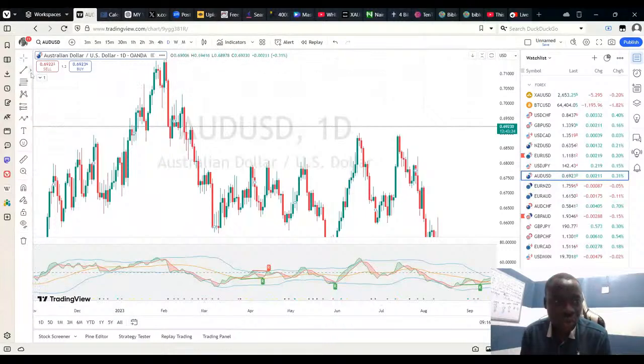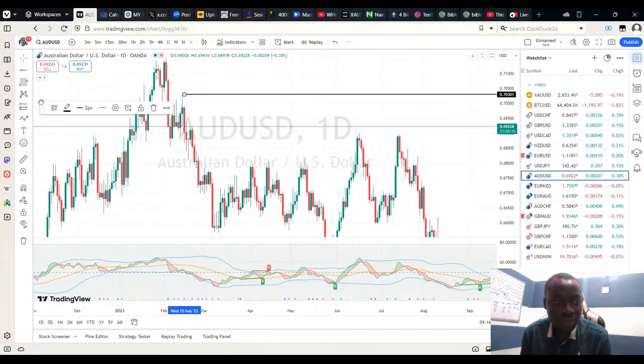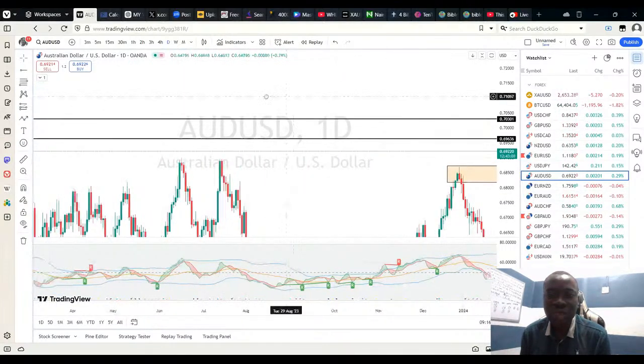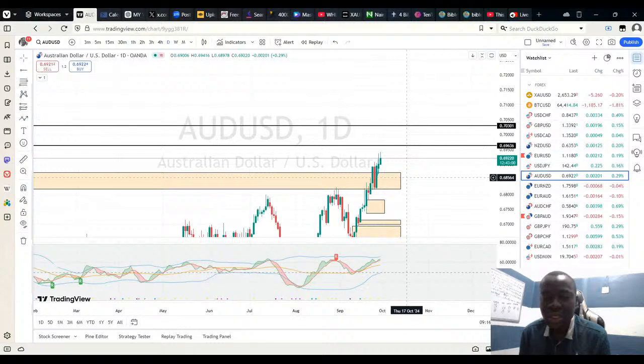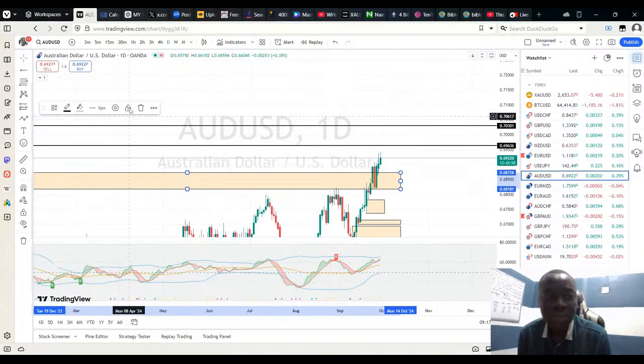Those are the two regions that I gave us TP, but let me just mark it out right now so that we will not forget when the price comes to that region. So we are expecting them to come to this region. Let's see how the price will do it to get to a 0.70 region.